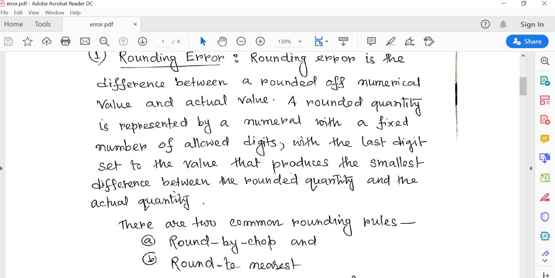Actually, rounding errors are due to inexactness in the representation of real numbers and the arithmetic operations done with them.